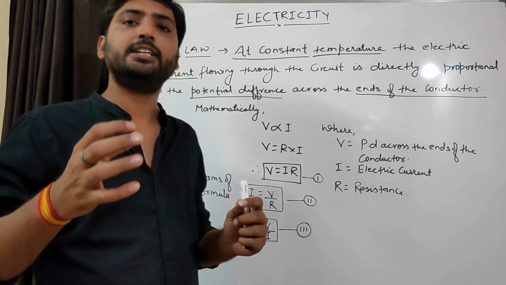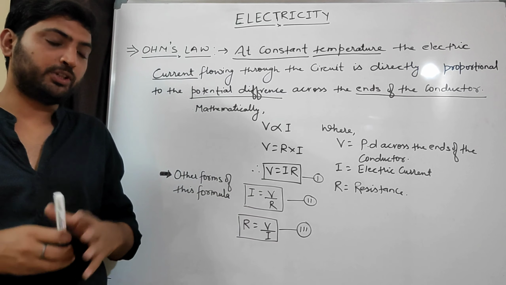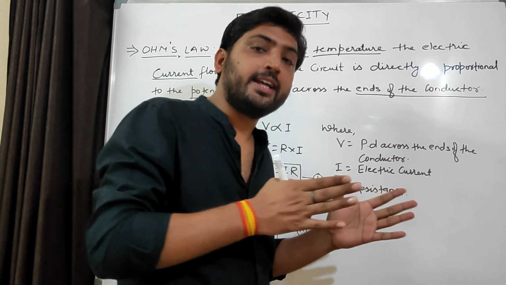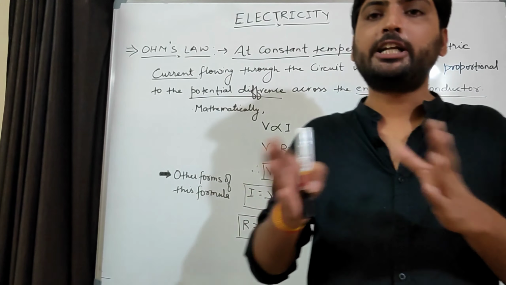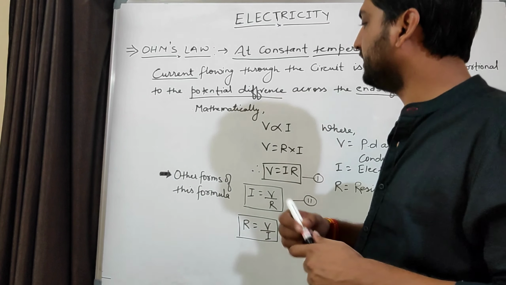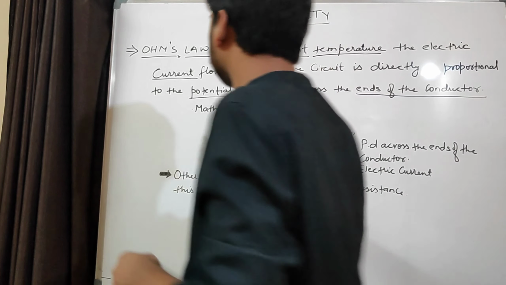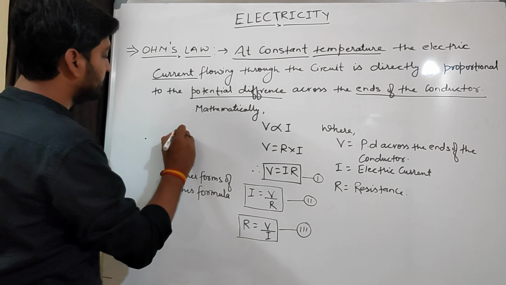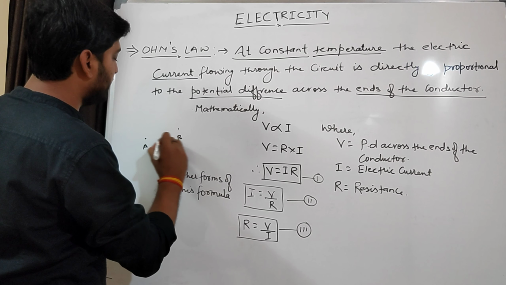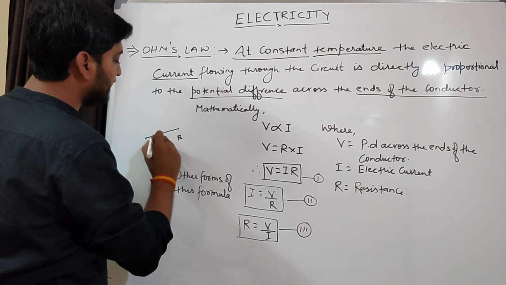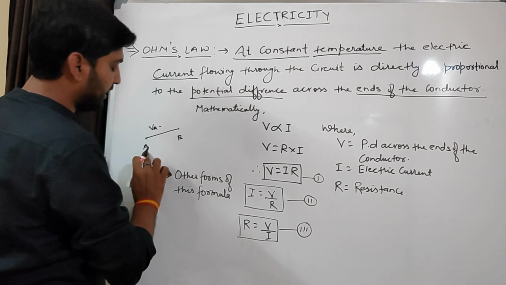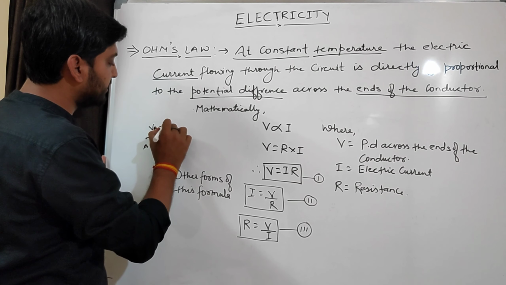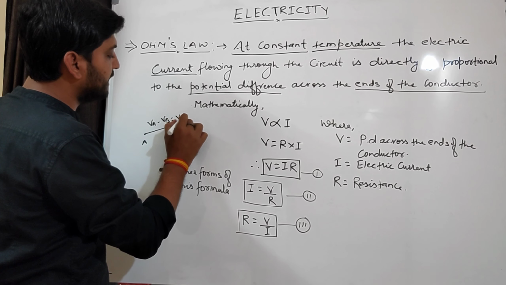We have already studied potential difference. Potential difference is the difference of electric potential between 2 points. Let's see here. If this is point A and this is point B, the difference between the electric potential of A minus VB will give us VAB.